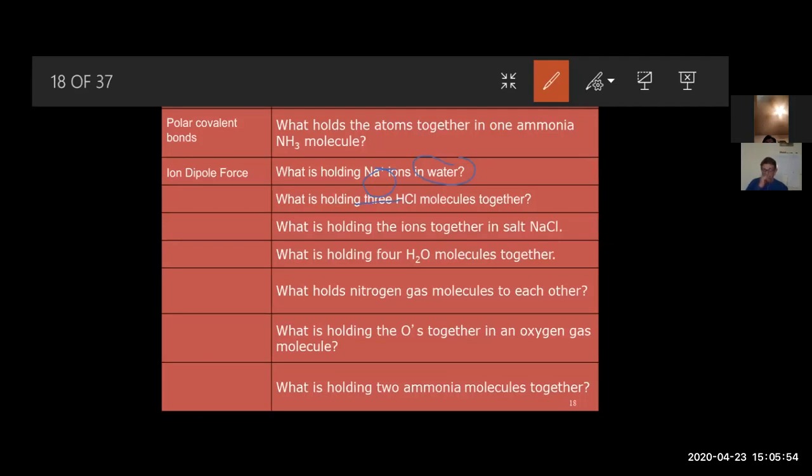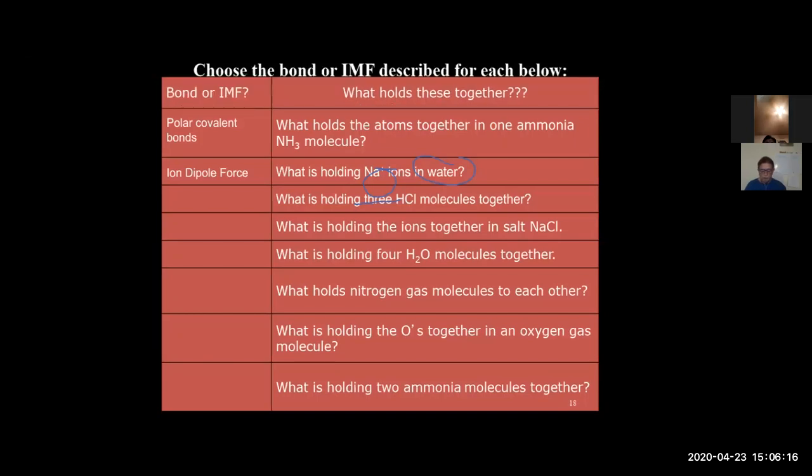It's not ion dipole because we're not dealing with any ions. So that leaves you with dipole, or hydrogen bridging. It can't be hydrogen bridging because we're not dealing with nitrogen, oxygen, or fluoride. Therefore, the only one left is dipole. And that is the forces.